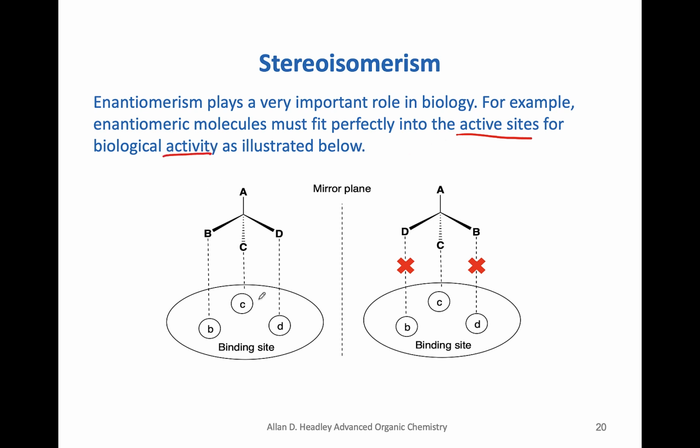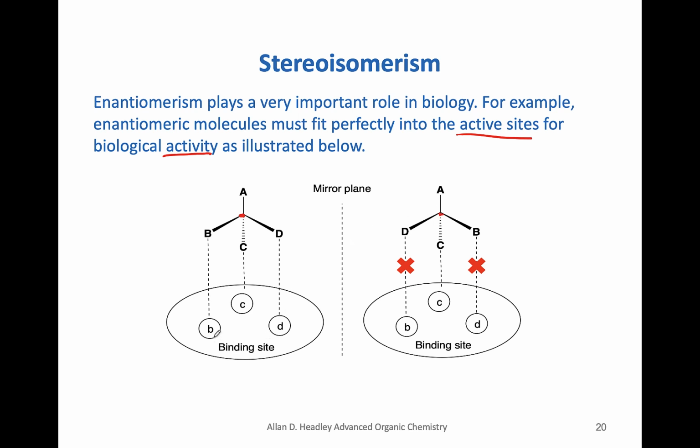As you can see here, we have a molecule that has four different groups bonded to it, A, B, C, and D. And here we have another molecule which has the same four groups bonded to this carbon.